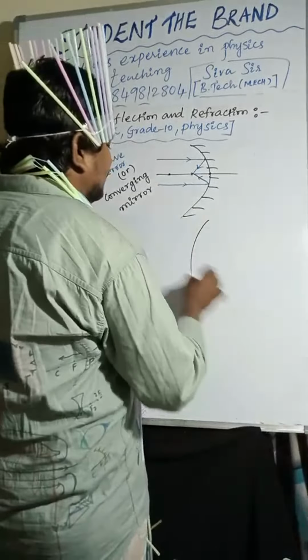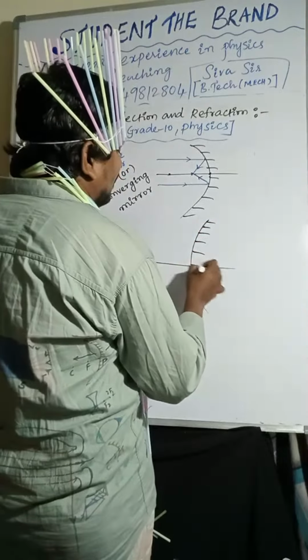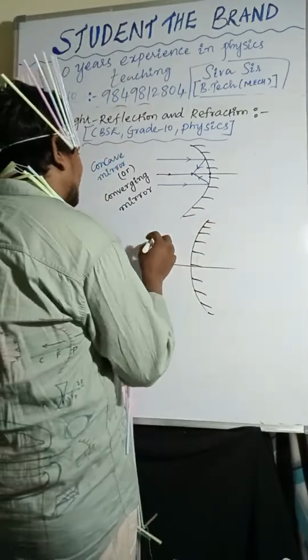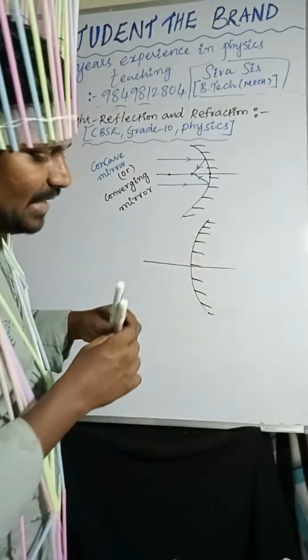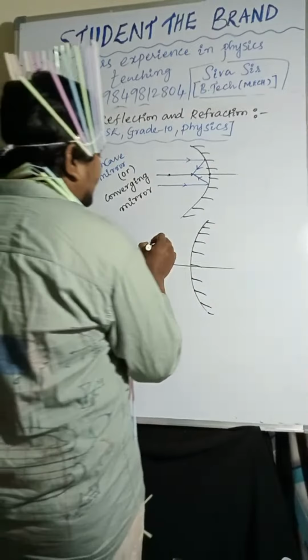Convex mirror. A convex mirror is also known as a diverging mirror.